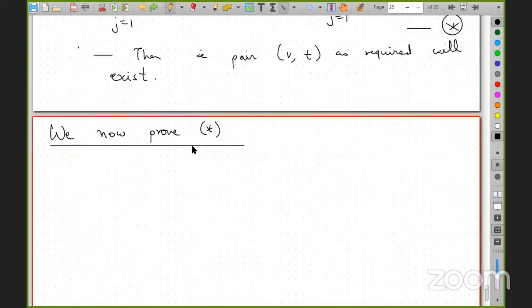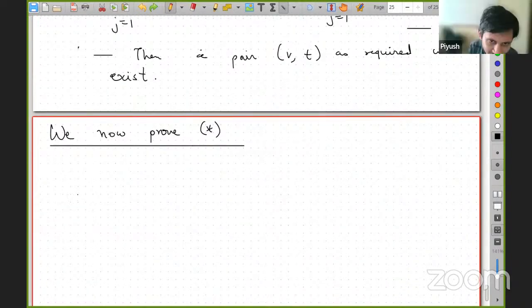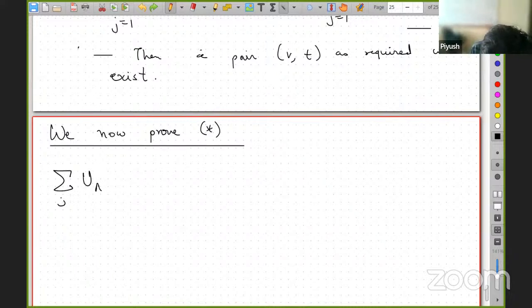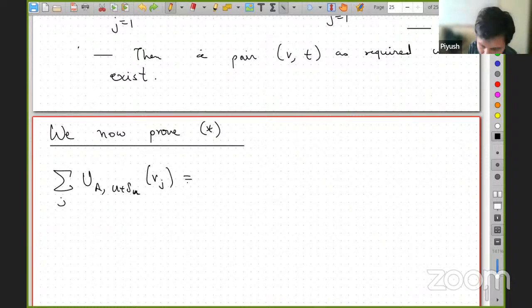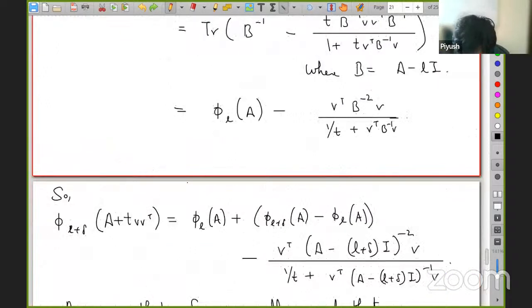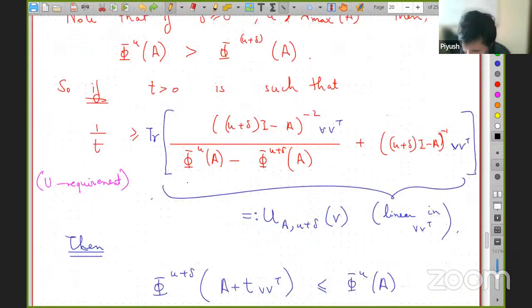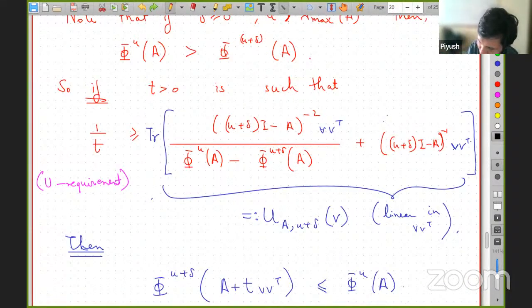Okay, now this is more or less just a calculation. Let's look at the sum of the upper barrier. Let's do U plus delta U of Vj. Remember the form: it was linear in V transpose, and everything else did not depend upon V at all.